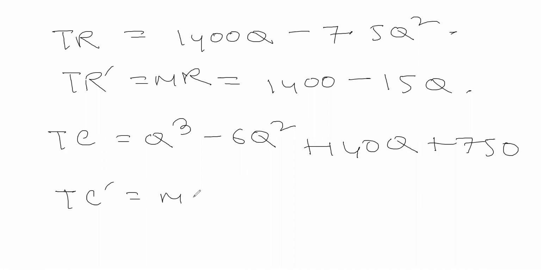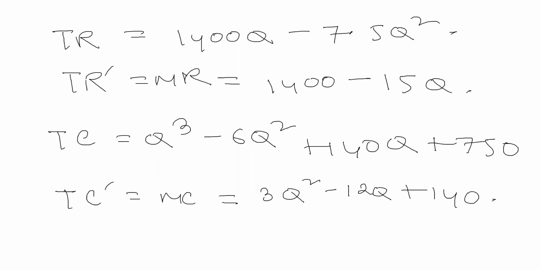Now let's come back to the total cost. If we differentiate it once, as I was saying, it will provide us with the marginal cost, and this is simply equal to 3Q square minus 12Q plus 140.